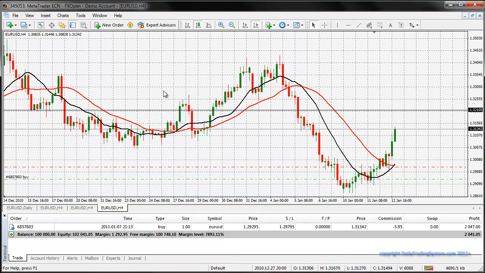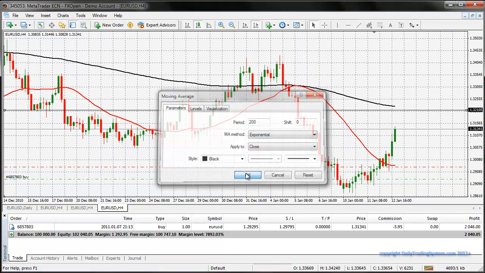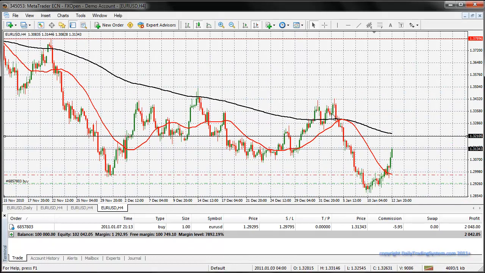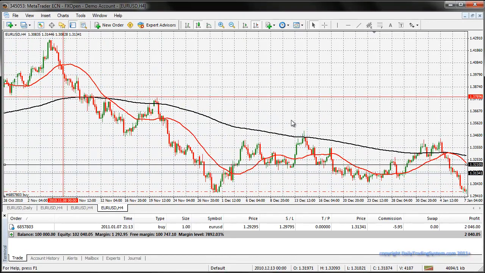So play around with those, and you can add as many as you like on here. Another one really, which most traders use, is the 200 moving average, and then they set it to exponential. And this is a true trend changer. When it breaks, you'll see several instances where it breaks by a considerable amount, and we're looking for the bodies to break.